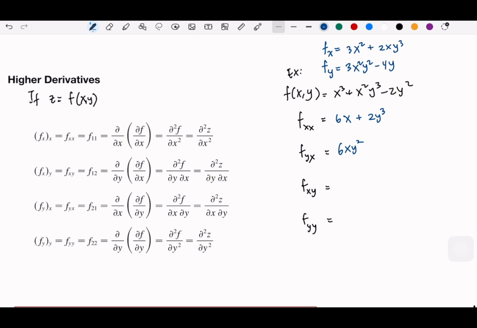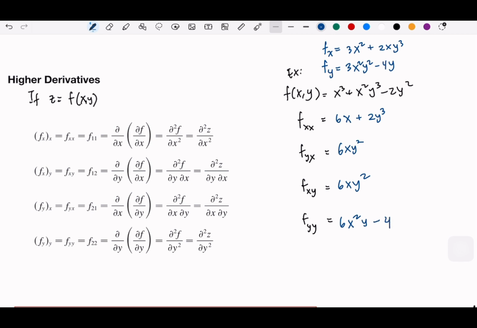Now partial xy: we start from partial x and then derive with respect to y. 3x squared becomes 0, and this will be 6xy squared. And for partial yy, we describe this as 6x squared y minus 4.